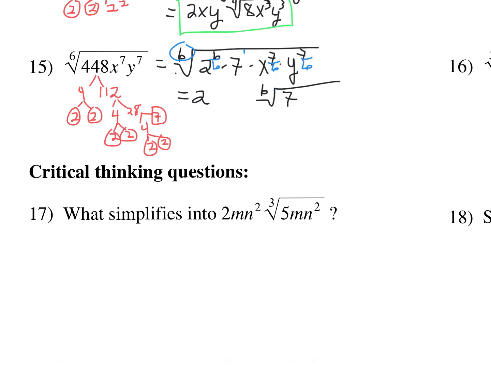So 1 x comes out in front, 1 x is left over. If you want to stretch out 7 x's, you can group up 6 of them, and you put one of those x's out in front to represent the group, and the leftover x's underneath. Same thing happens with the y. You get one y out in front and one y left over. And so that is your fully simplified answer.